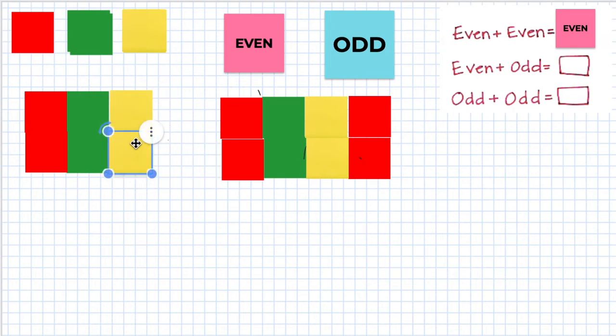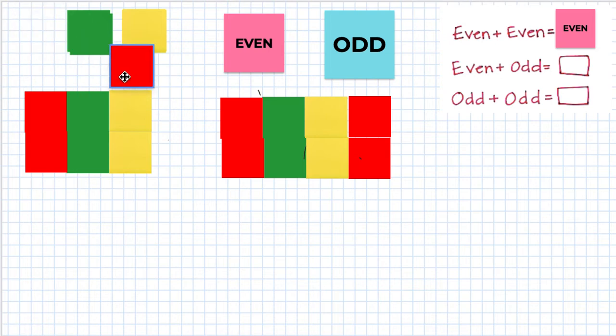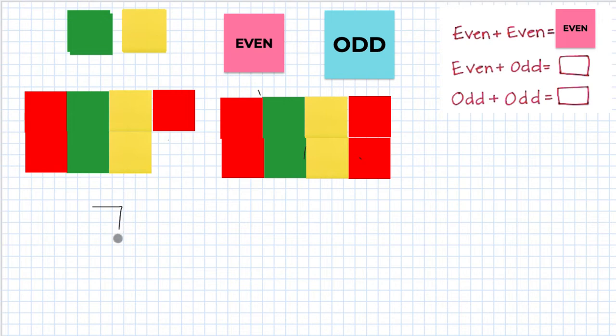And over here I had 2 rows of 4, which was 8, and 8 was an even number. So I'm going to add one tile to my 2 rows of 3, and this is going to give me the number 7. So I'm going to add 7 to 8.